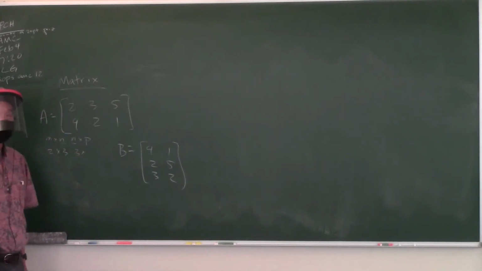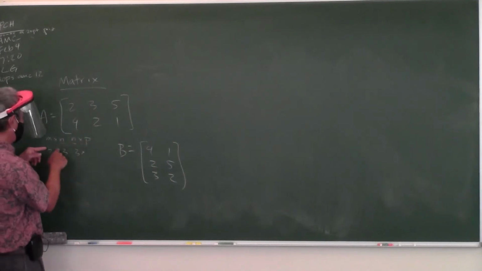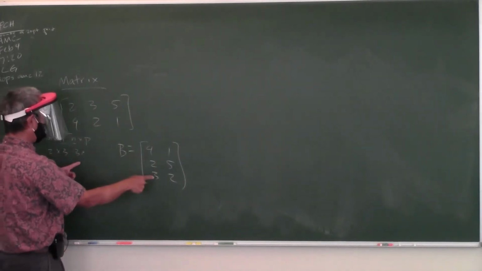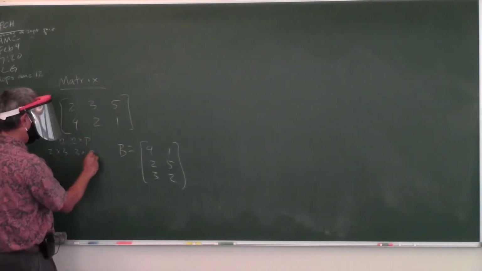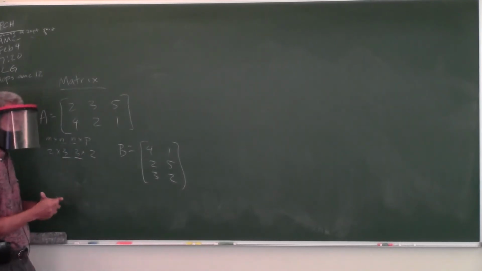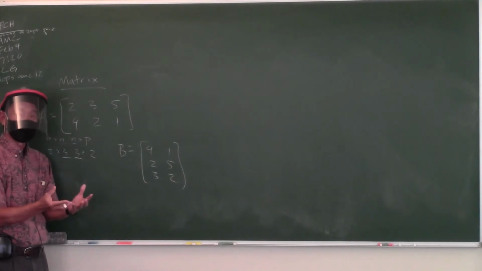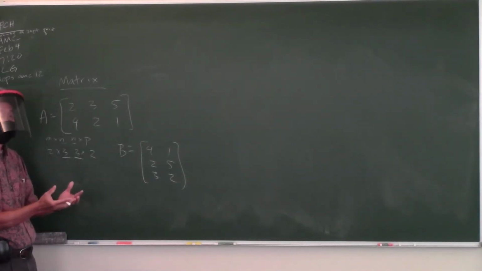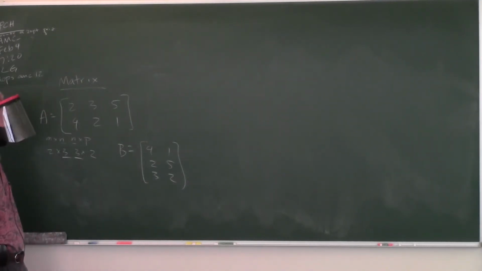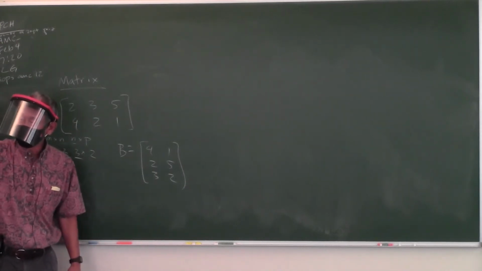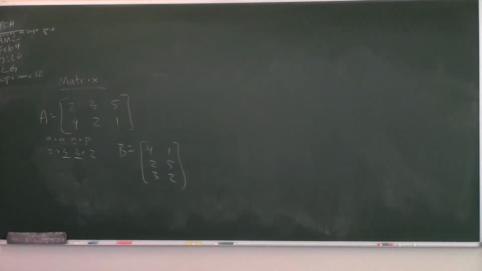Okay, now can I multiply them? Yes, because matrix A is 2 by 3, matrix B is 3 by 2. If these two numbers are the same, that means you can multiply them. And what is the resulting matrix going to be? That's why you gotta read, people. Okay, look.